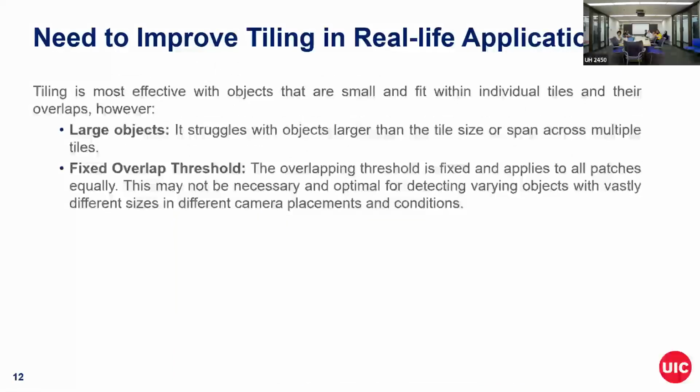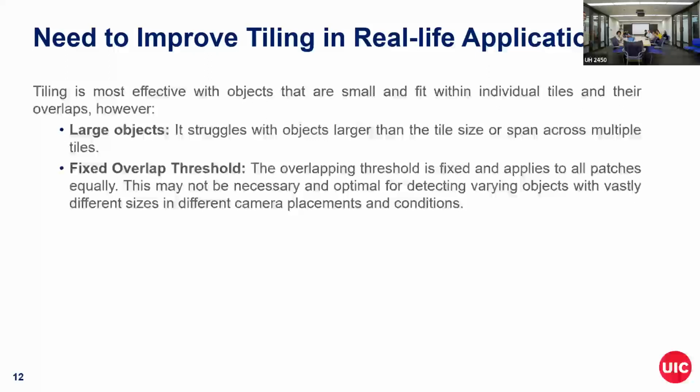So tiling is more effective with objects that are very small and fit within individual tiles, and with overlapping. However, for large objects, it struggles with objects that are very large and span across multiple tiles. And a fixed overlapping threshold is applied uniformly across all of the patches.